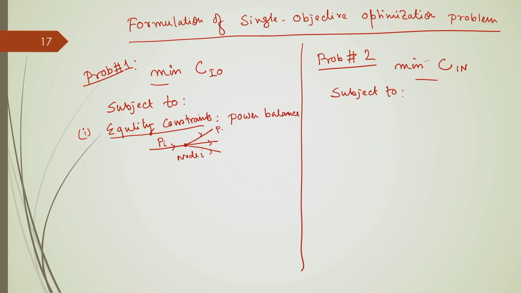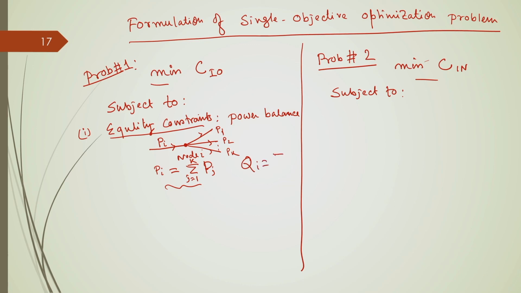So, this is P 1, P 2, dot dot P k. So, here as you know, this P I should be equal to the summation of P j, where j varies from 1 to k. So, this is how we can make this power balance. This is for active power as well as reactive power.